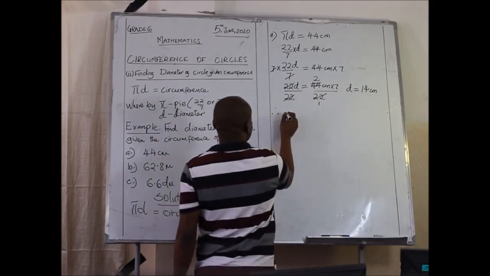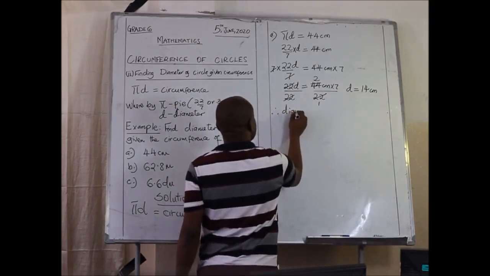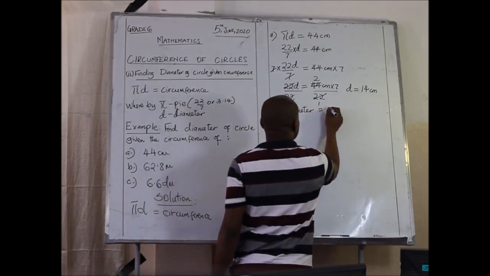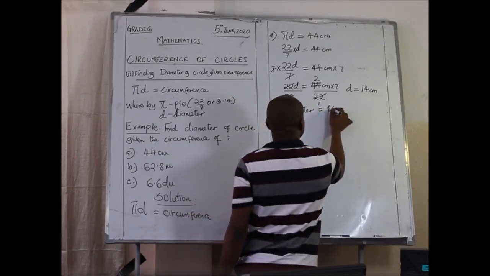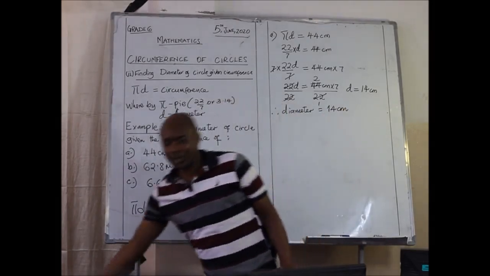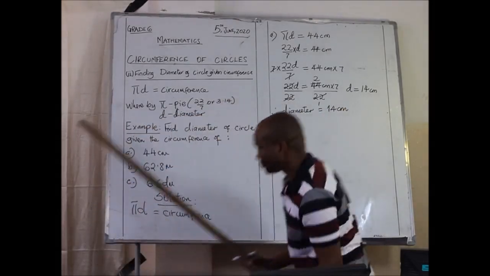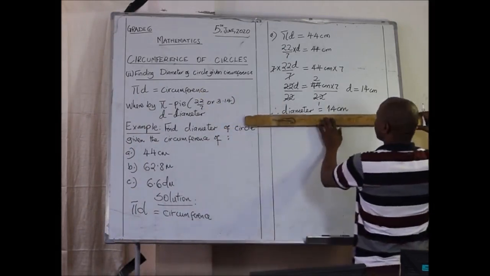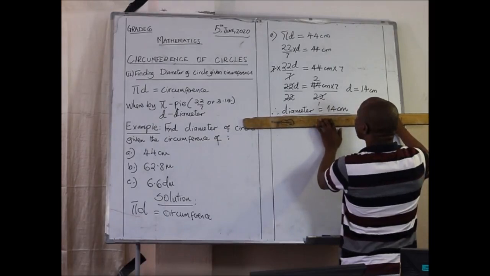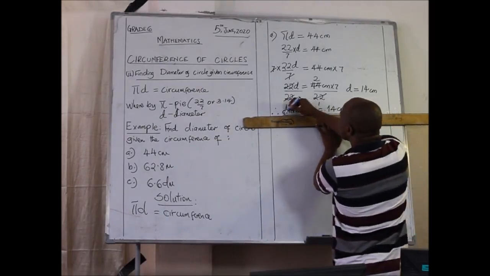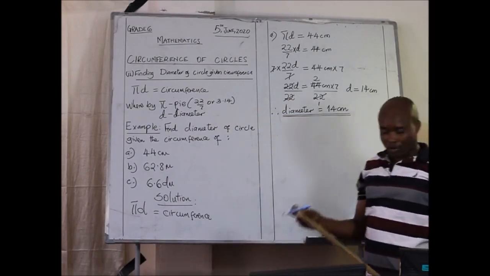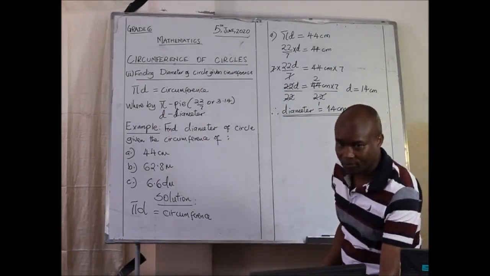Therefore, we can say that diameter d equals 14 centimeters. Thereafter, we can underline our answer. That's the end of our first example.